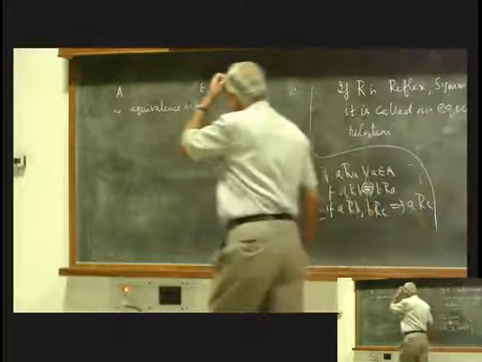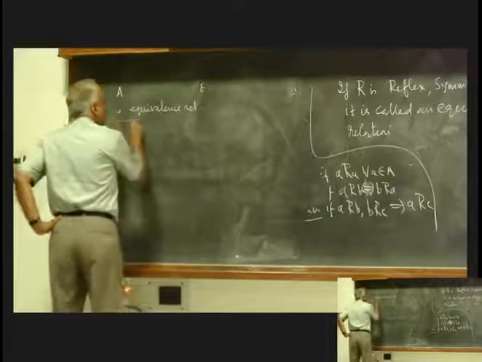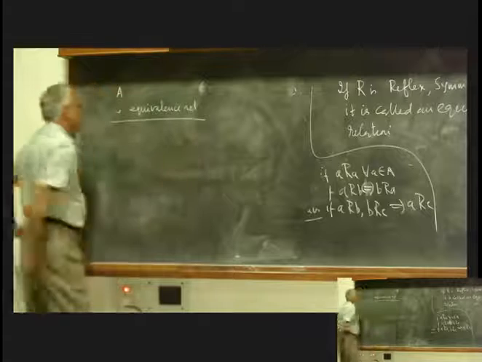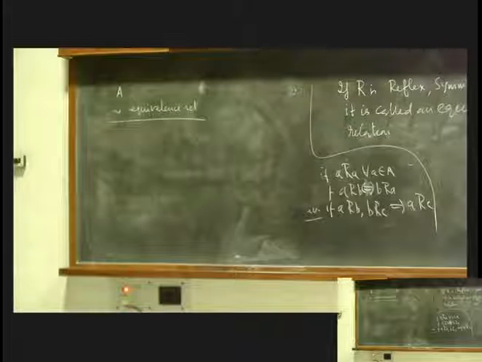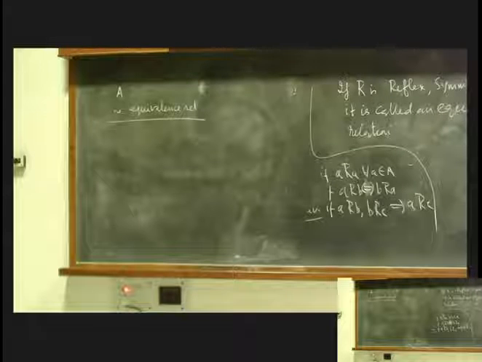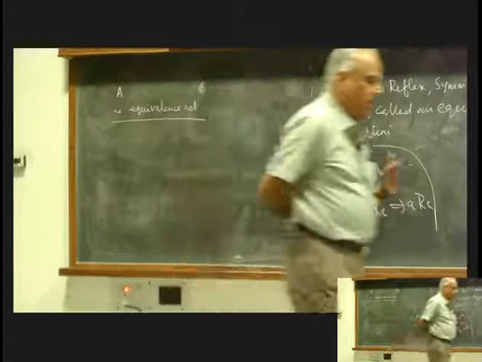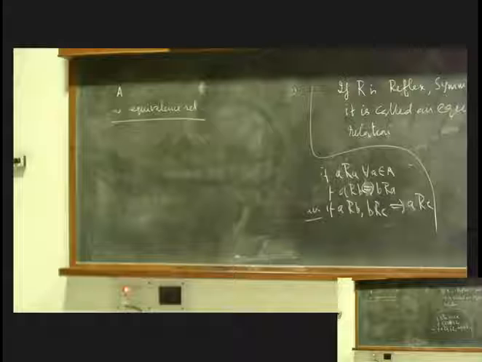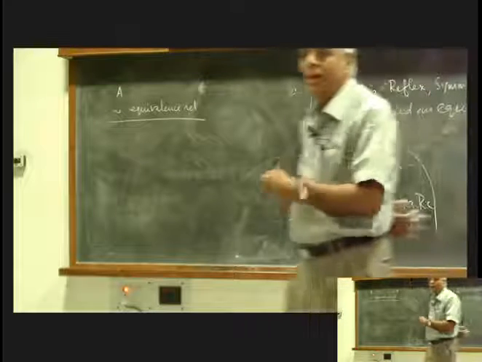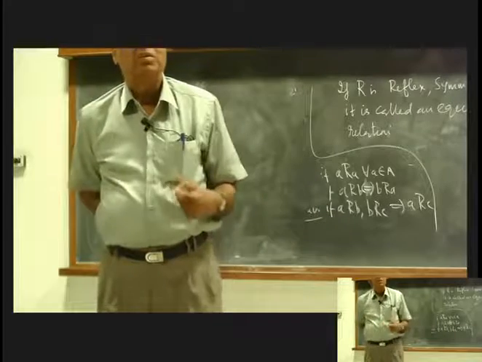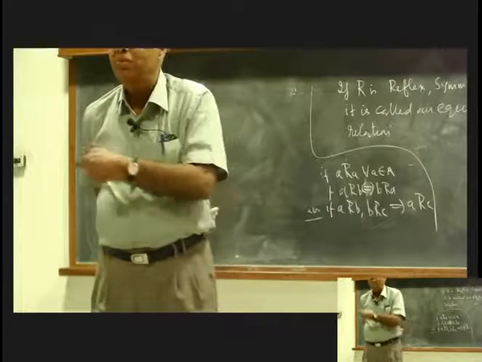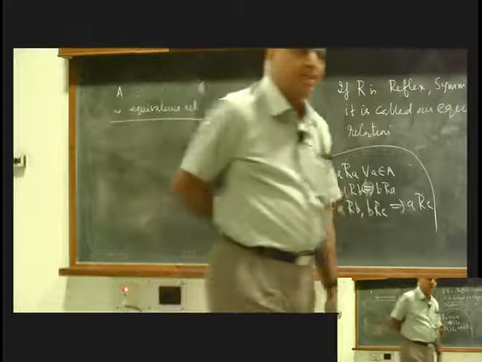Okay, anyway, so suppose I have a set A with an equivalence. The set A can be the set of all triangles in a plane and the equivalence relation may be congruence. When I study high school geometry, they say the area of a triangle whose sides are a, b, c is given by the square root of s(s-a)(s-b)(s-c), whatever those s's are.